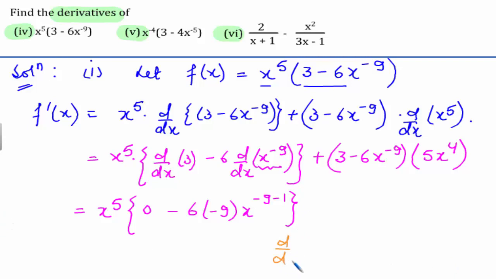Therefore, here we have this plus (3 minus 6) into x raised to the power minus 9 into 5x raised to the power 4.